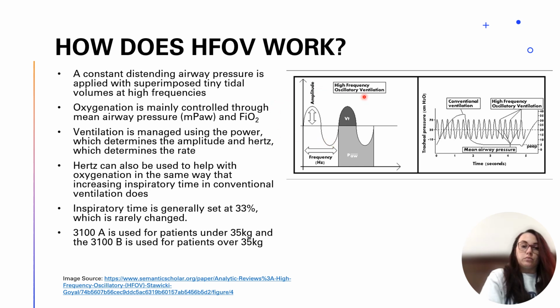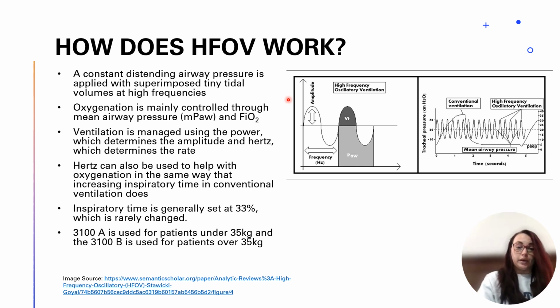While we're talking about all the different controls, the way that we manage oxygenation on the oscillator is through your mean airway pressure, MAP, and your FiO2. You manage your ventilation using your power, which determines the amplitude, and your hertz, which determines your rate.